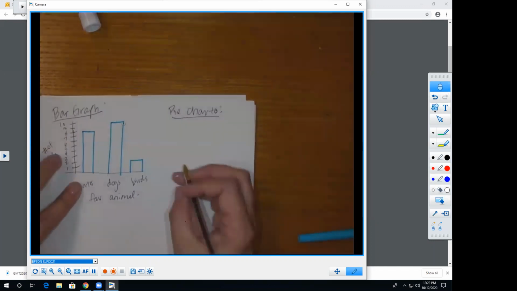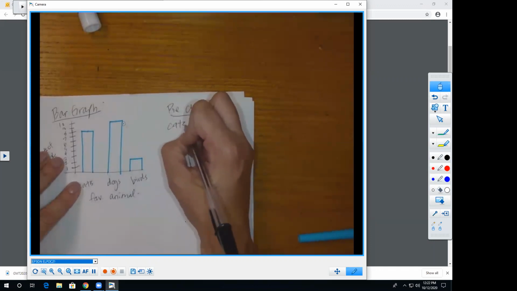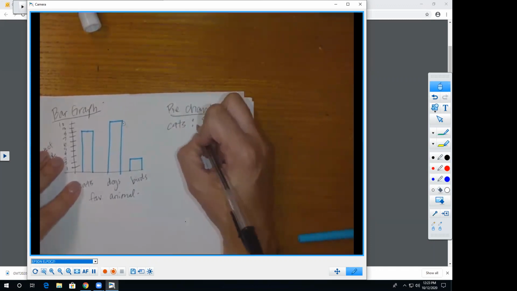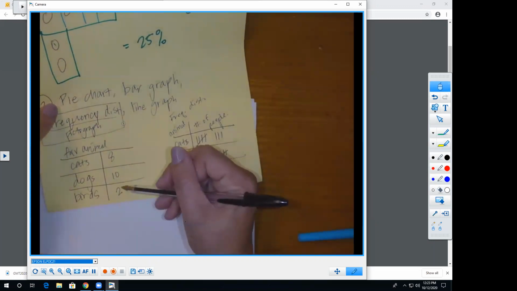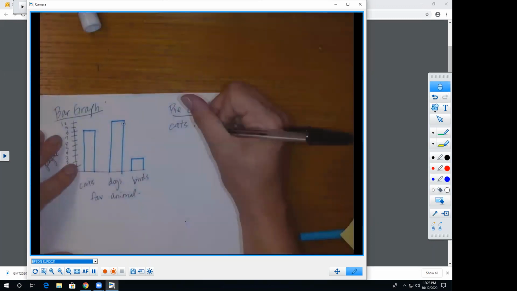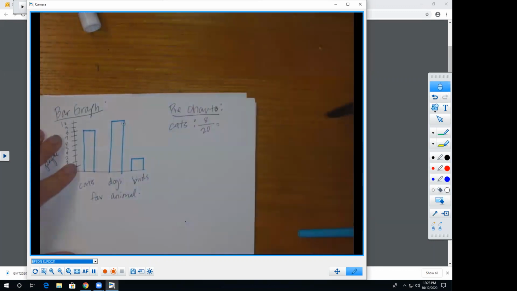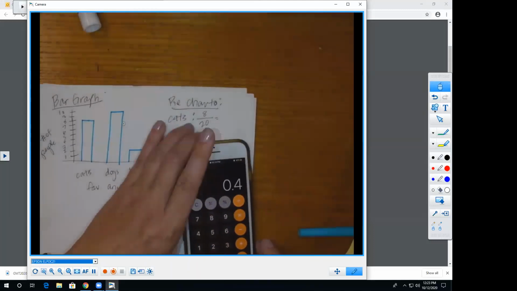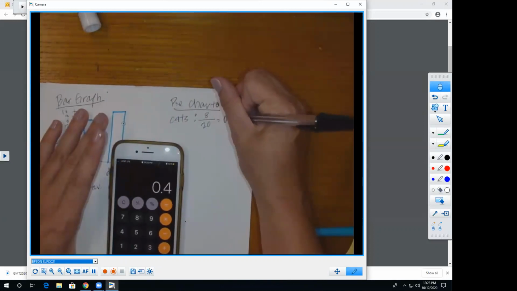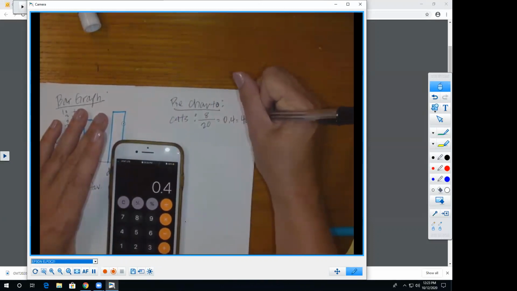So cats were 8 out of a total of, there's 8 plus 10 plus 2, so 20 total people did it. So 8 out of 20 said they liked cats, so that would be the percentage of 8 divided by 20. 8 divided by 20 is 0.4, and we make it to a percentage, it's 40%.